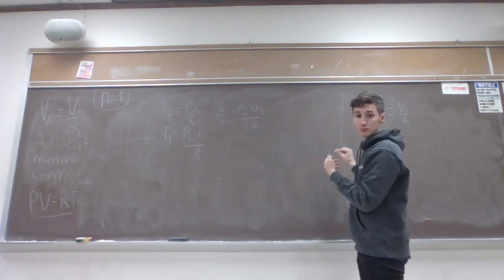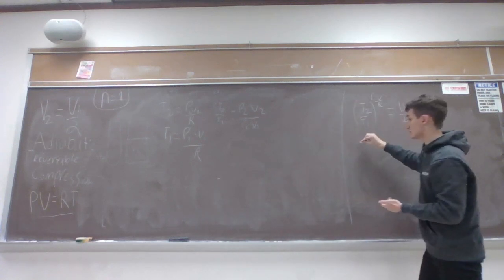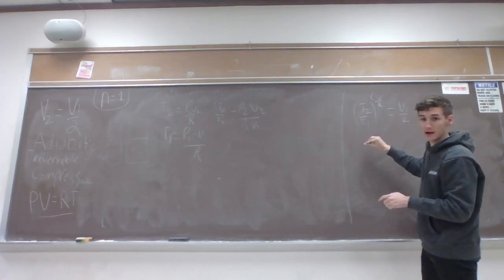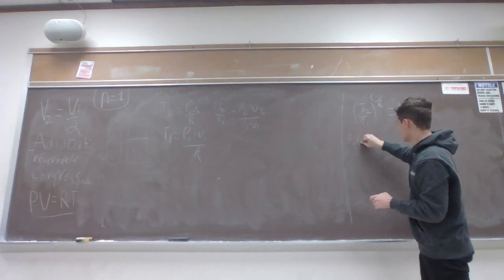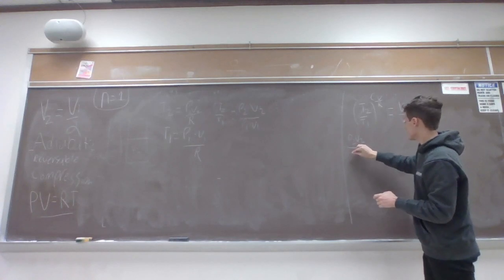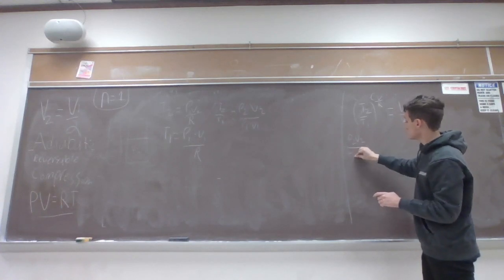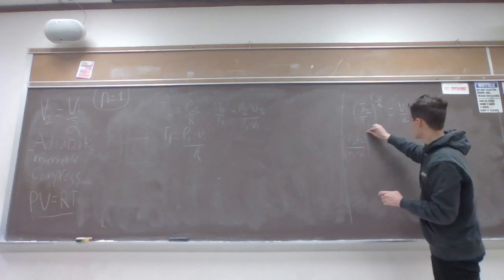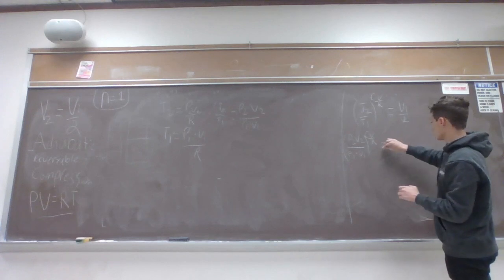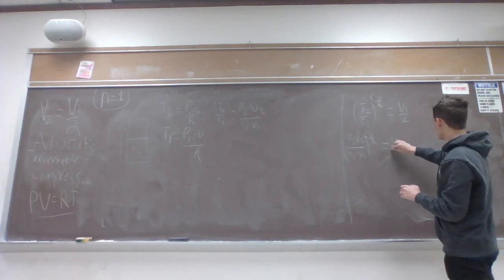And now we want to put this into the equation we've derived so far. So we would have P2 times V2 over P1 times V1 to the power of CV over R equals V1 over V2.